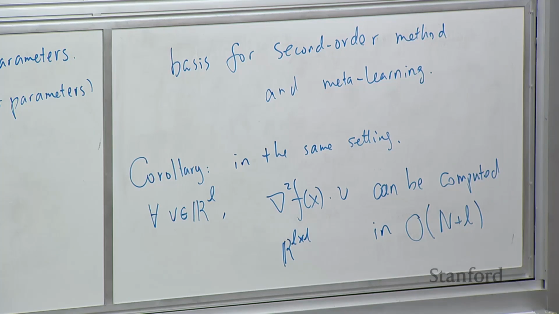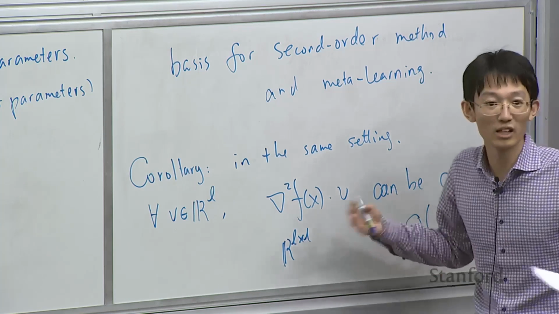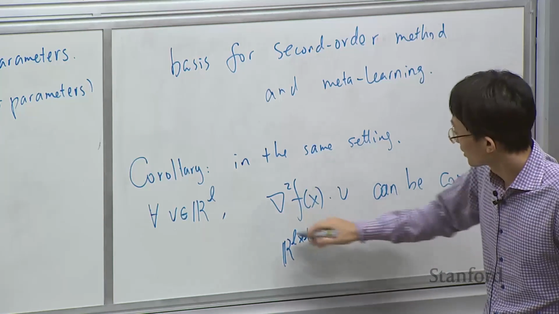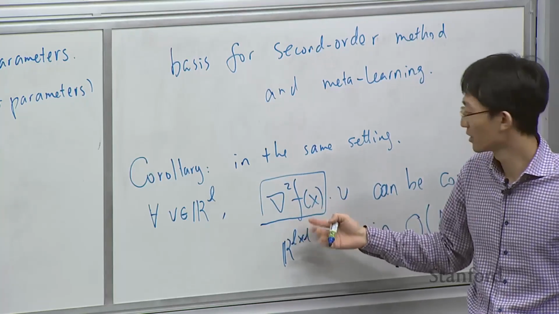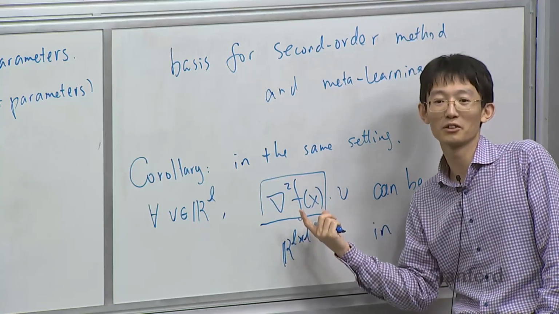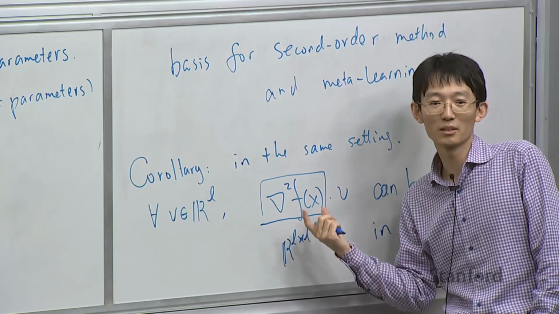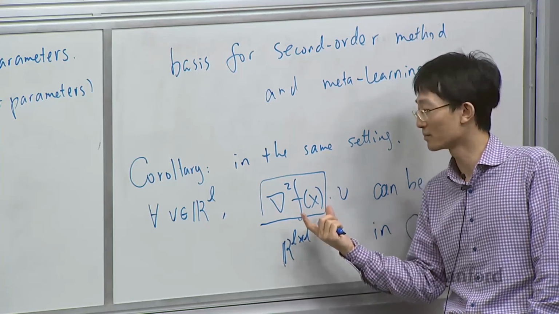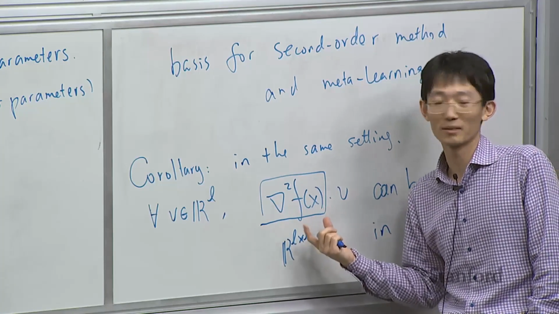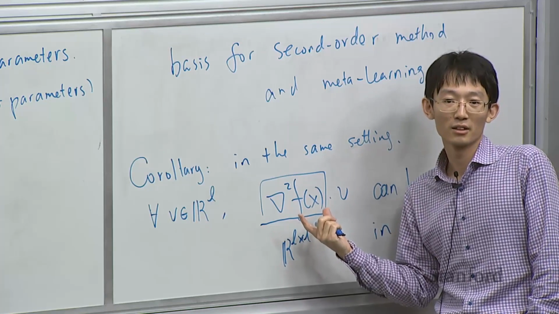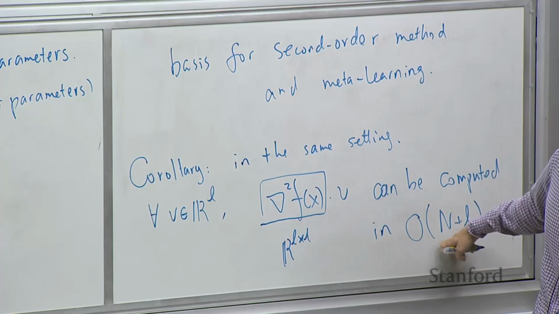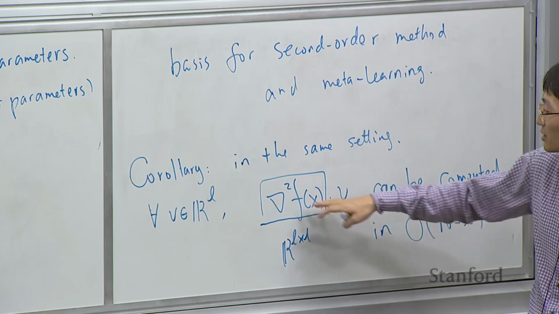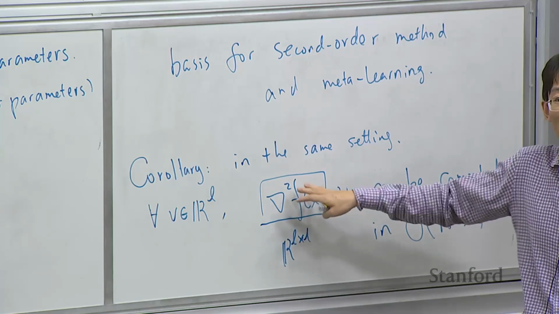So now it's a little more magical, right? Because if you want to compute this matrix, even just to memorize this matrix, or to compute each entry, suppose each entry takes O of 1 time, then you already spend L squared time to compute this matrix. So if you want O of n plus L time, your algorithm cannot first compute this matrix and then take the matrix vector product.